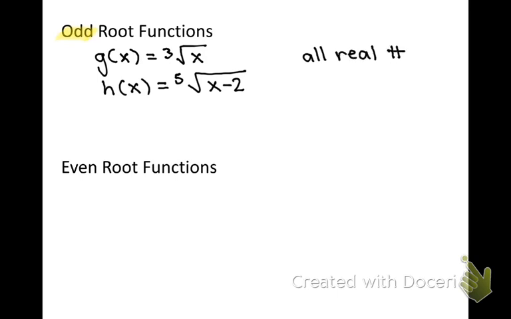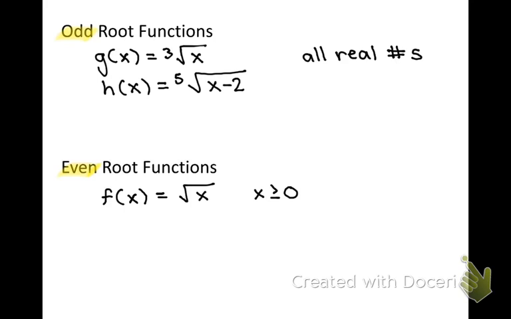Where we're going to come into our first bad thing is with even root functions. Okay, with even root functions, the most common one you come across is just that generic square root. With even root functions, we have to make sure that x is greater than or equal to 0.